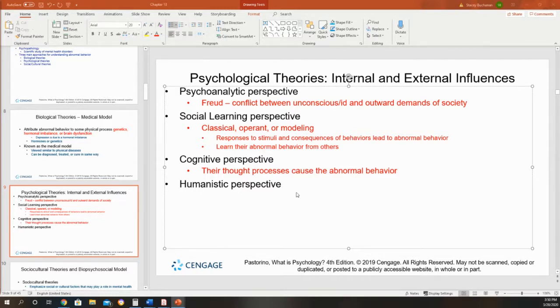And then humanistic, that's the one all about self-fulfillment. So that one is going to be the fact that they lose touch with personal values, or they lose their sense of self.